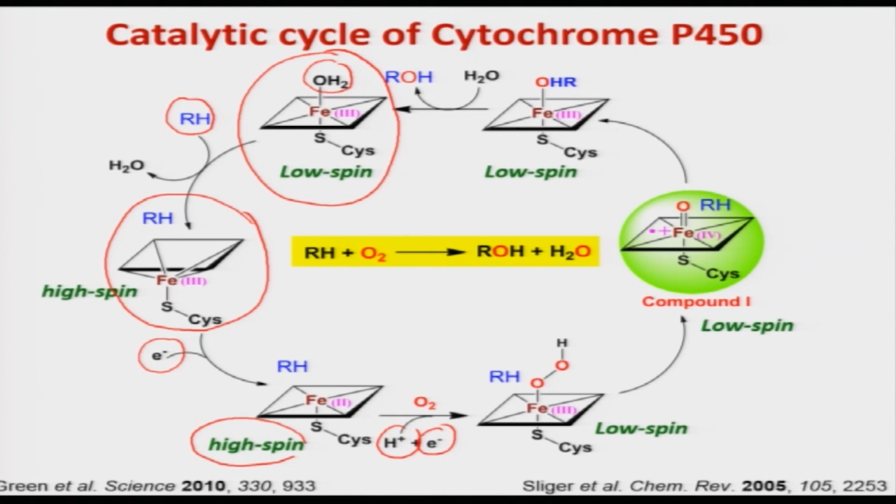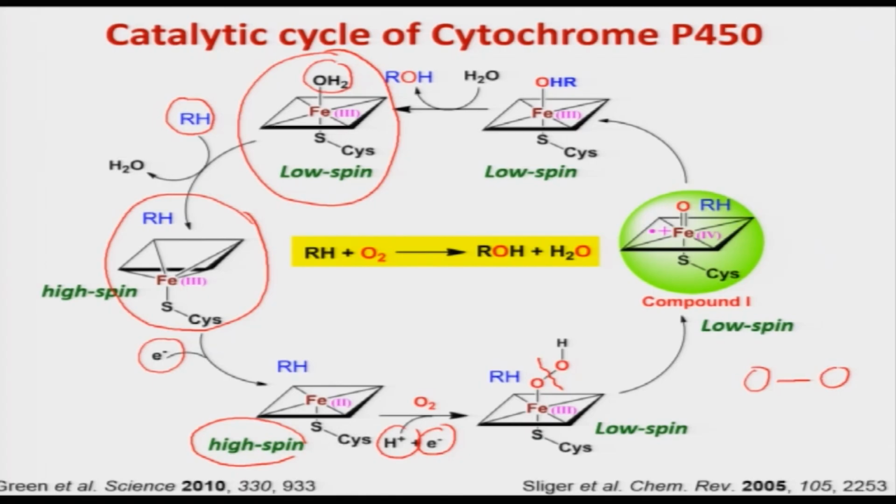And as I have discussed earlier, if the OO bond needs to be cleaved, peroxide is the best state, because the OO bond dissociation energy is lowest. So, immediately the OO bond gets cleaved and it forms an iron(IV) oxo cation radical, which is called compound 1.